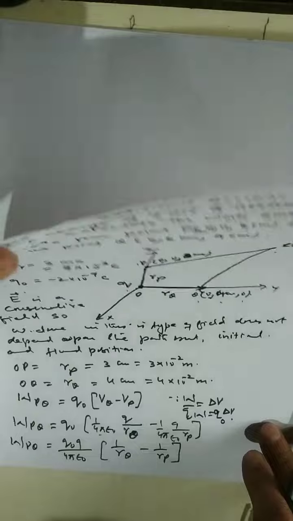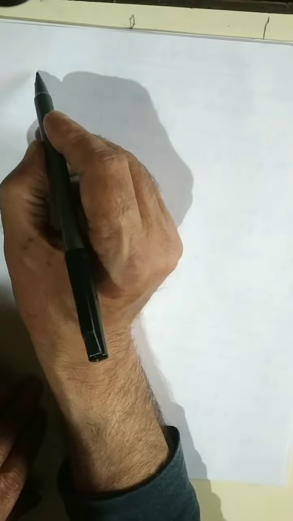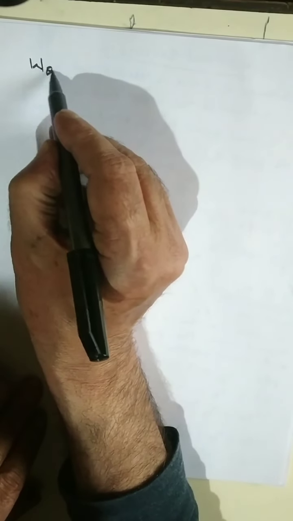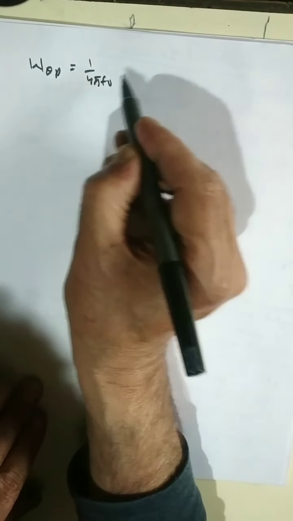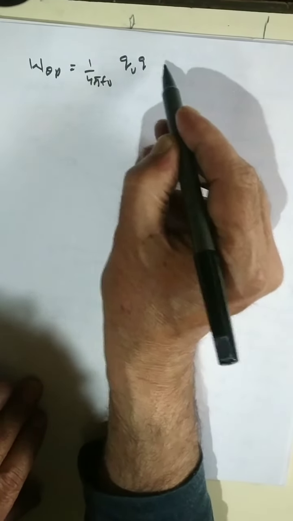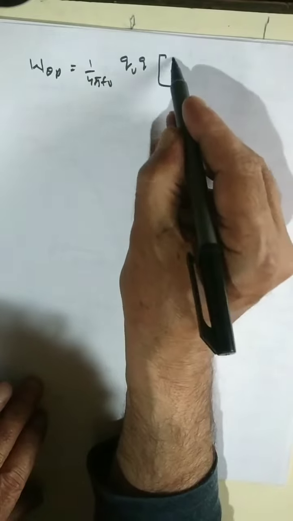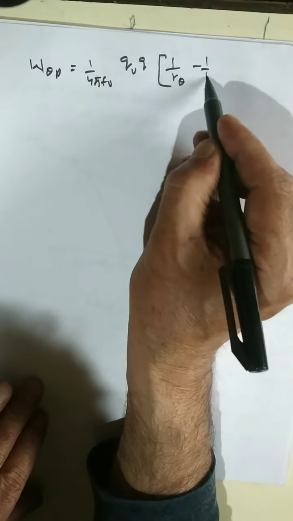Answer. So what we had, I will write this formula again, from the last equation: W PQ is equal to 1 by 4 pi epsilon 0 q0 Q times 1 by rQ minus 1 by rP.